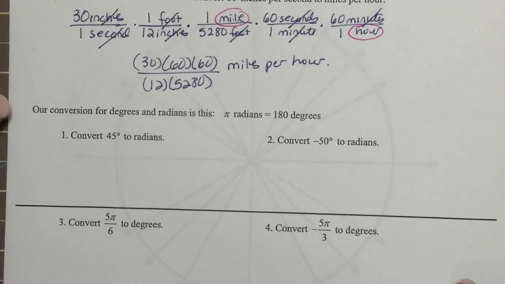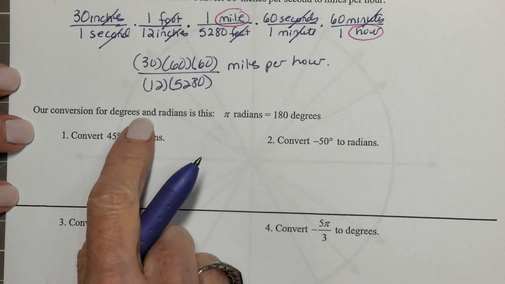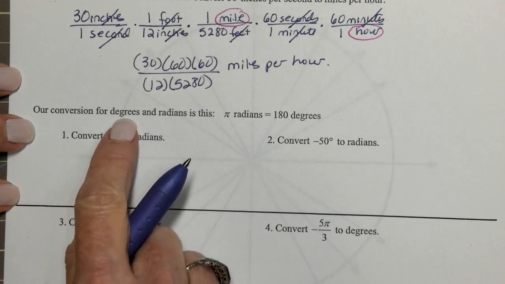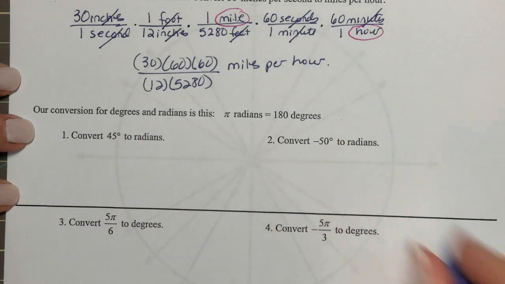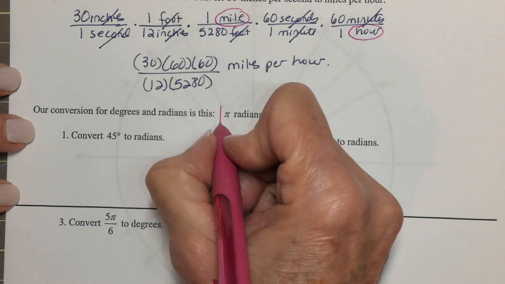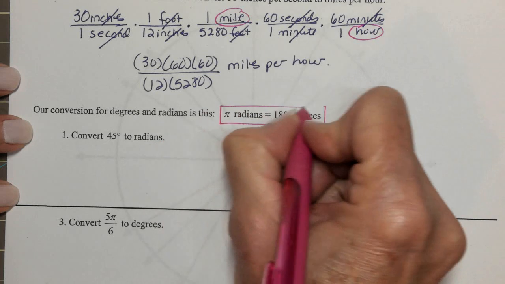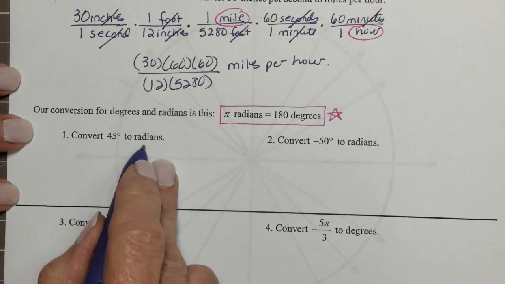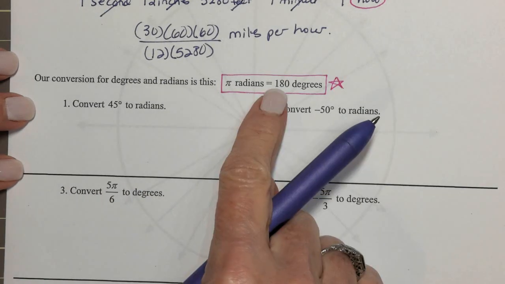Okay. All right, our conversion to get from degrees to radians or radians to degrees, we need to know that pi radians is 180 degrees. Pi radians is 180 degrees. So if we want to convert from degrees to radians, we use this conversion.